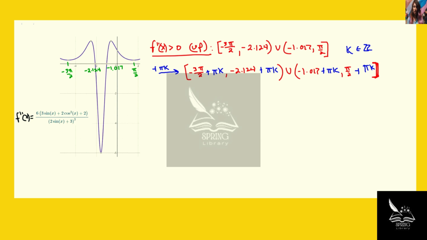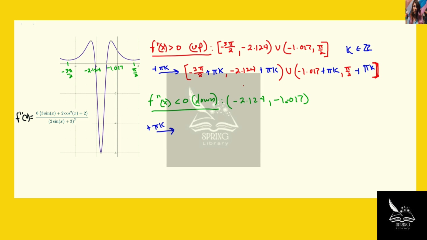All right. Now we can find where f double prime of x is going to be strictly less than 0 on this interval here, which is going to be concave down. And for us, that only will occur on negative 2.124 to negative 1.017. And just like before, we're going to add the plus pi k so we can find all of our intervals.